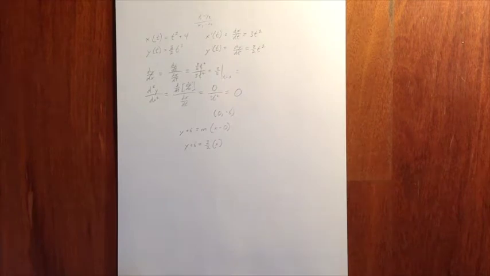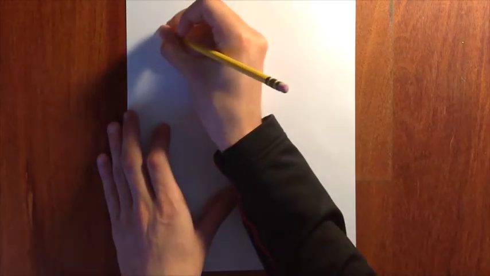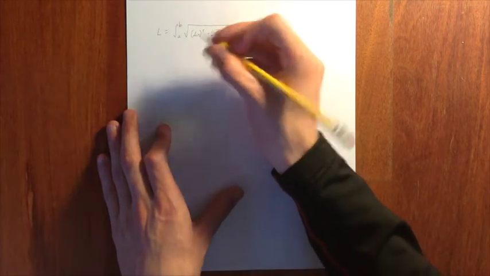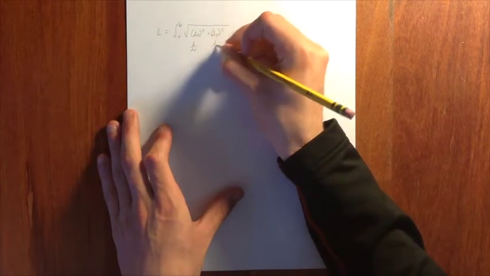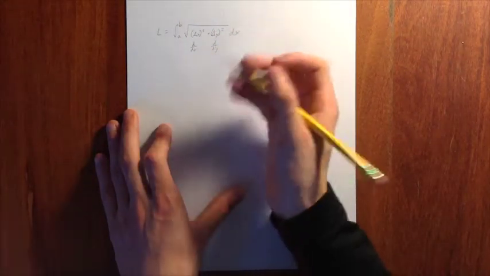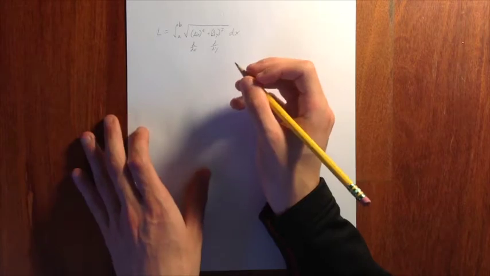Now that we've looked at derivatives, the next thing we're going to look at is integrals and how they work with parametric functions. There are two main things we're interested in here. One of them is the arc length, where we're going to slightly modify our original arc length equation, and the other is the area under a curve for a parametric function. For our arc length equation, we originally substituted in d over dx and d over dy, and this is a modification of our distance formula.